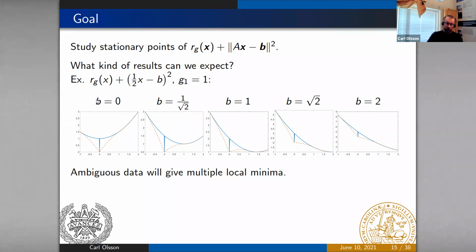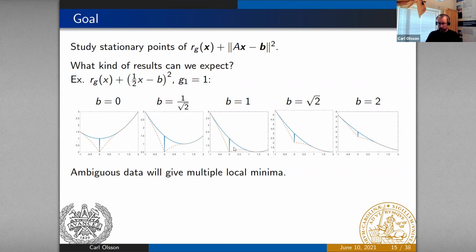So if I have something which is clearly, I mean, it's 0 from the start, or it's really small, then I have a unique local minimum down here. It's definitely clear. If I start to increase the B at this point, we're going to get a new stationary point here, right?